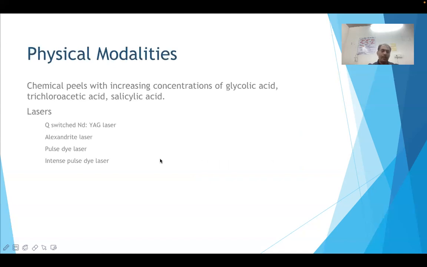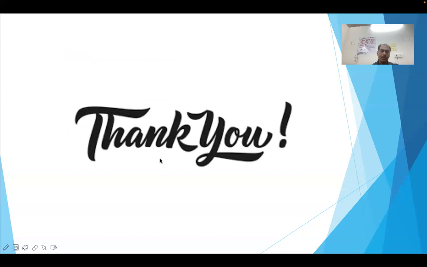Physical modalities of treatment such as chemical peeling using glycolic acid, trichloroacetic acid, and salicylic acid, and the use of lasers are widely used in the treatment of hyperpigmented disorders. The Q-switched Nd:YAG laser, 1064 nanometer and 532 nanometer, the alexandrite laser of 755 nanometer, the pulse dye laser, and intense pulsed light are various modalities which are being increasingly used in treatment of hyperpigmented disorders.